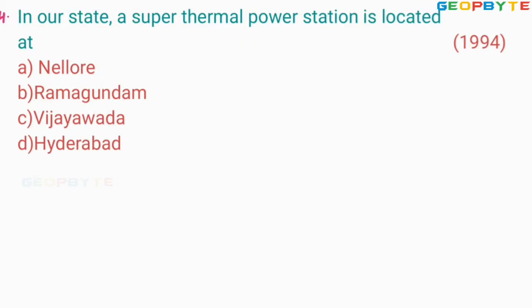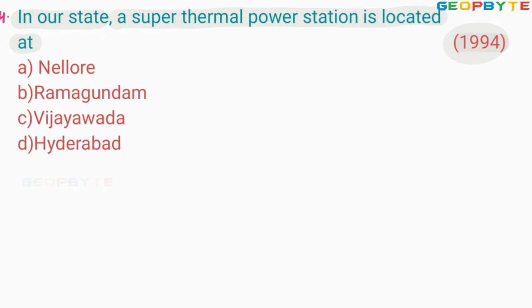Look at the fourth problem. In our state, a super thermal power station is located at... It was asked in 1994. It means this is a problem from combined Andhra, meaning before the bifurcation happened, this problem was asked.